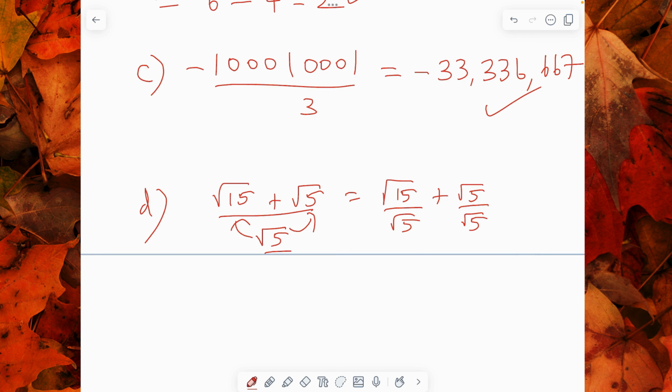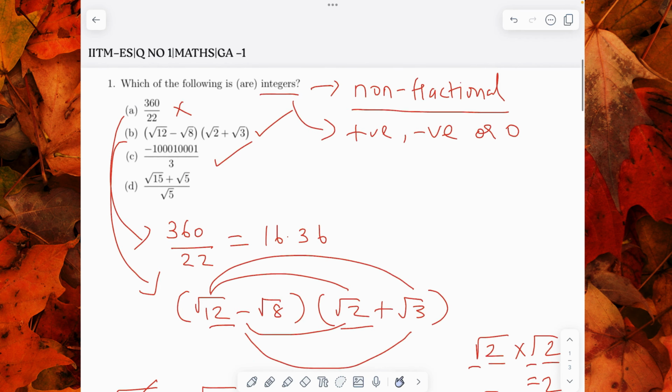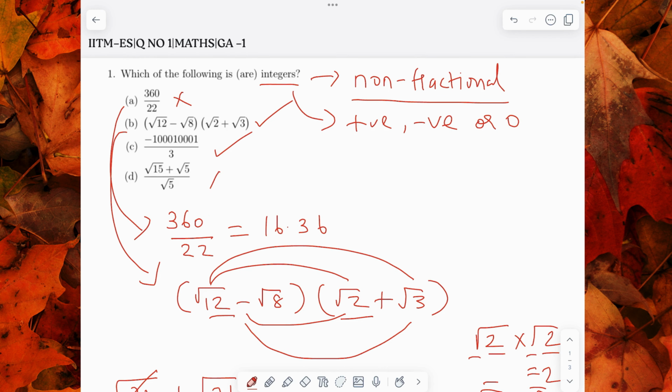While solving, we get root 15 by root 5 as root 3, plus root 5 by root 5, which gets cancelled and is 1. We already know the value of root 3 is 1.732, plus 1. While adding, we get 2.732, but 2.732 is a decimal, it is not an integer. Hence, option D is wrong.